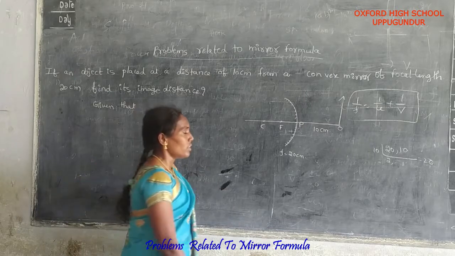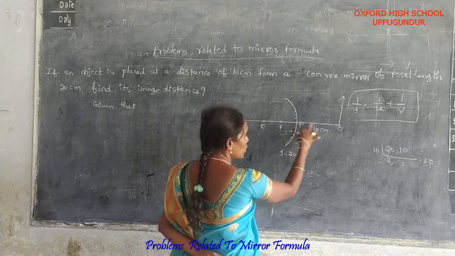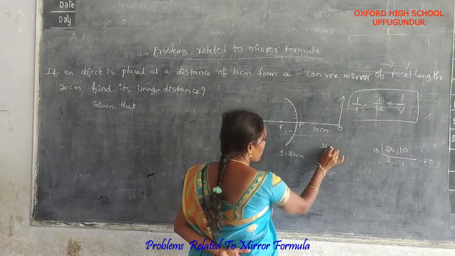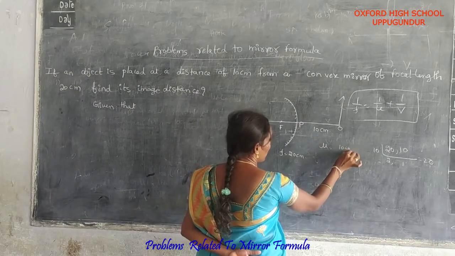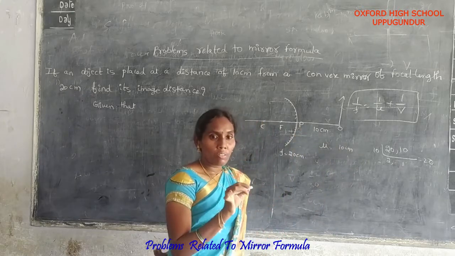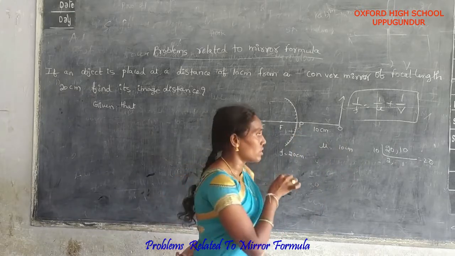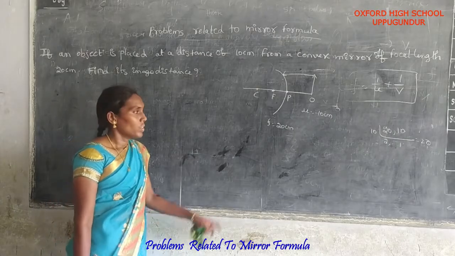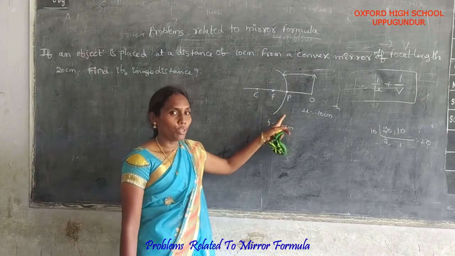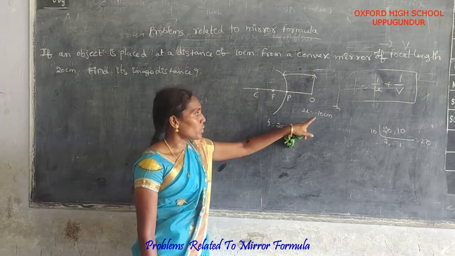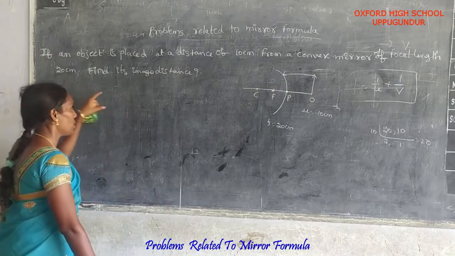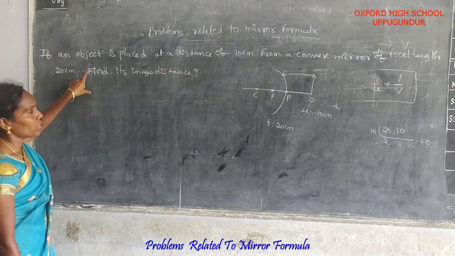Here, the distance from pole to object is called the object distance. Here object distance u is equal to 10 centimeters. Sign conventions must and should be used in this formula. Sign convention should be used in this problem. Here u is equal to minus 10 centimeters and f is equal to 20 centimeters. What is given in this problem?